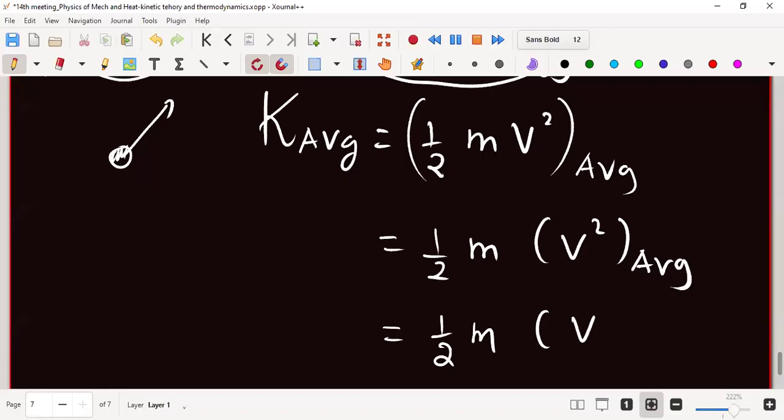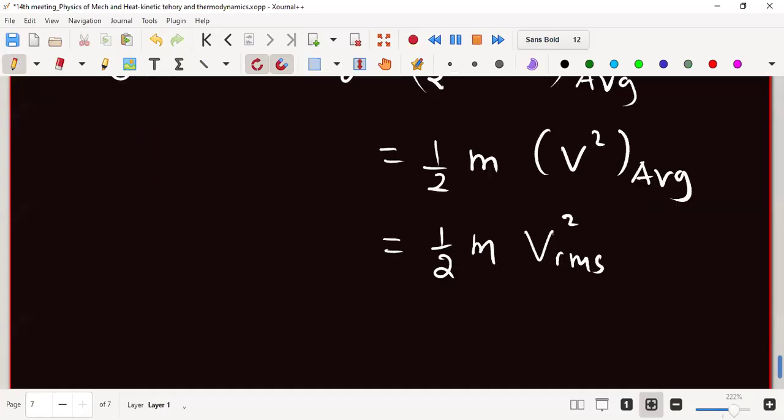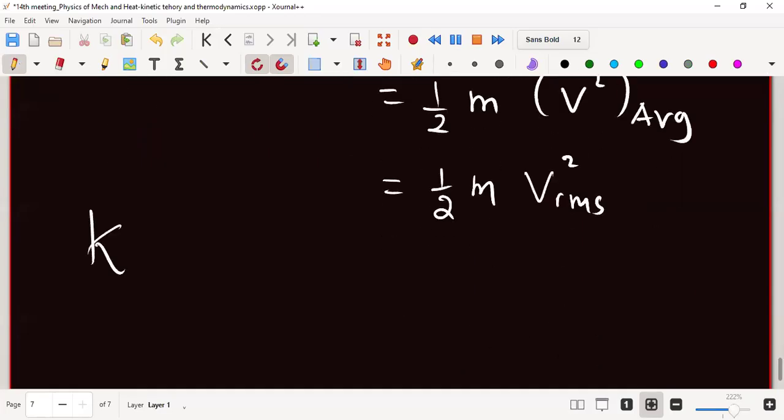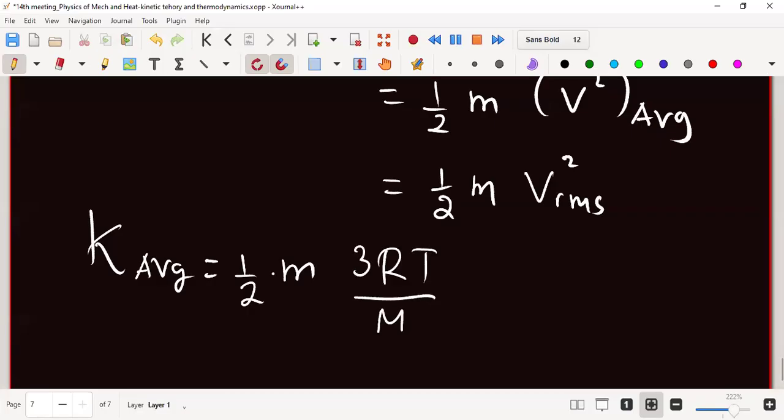So we can write that K average, half of mass v RMS square, is 3RT divided by molar mass.